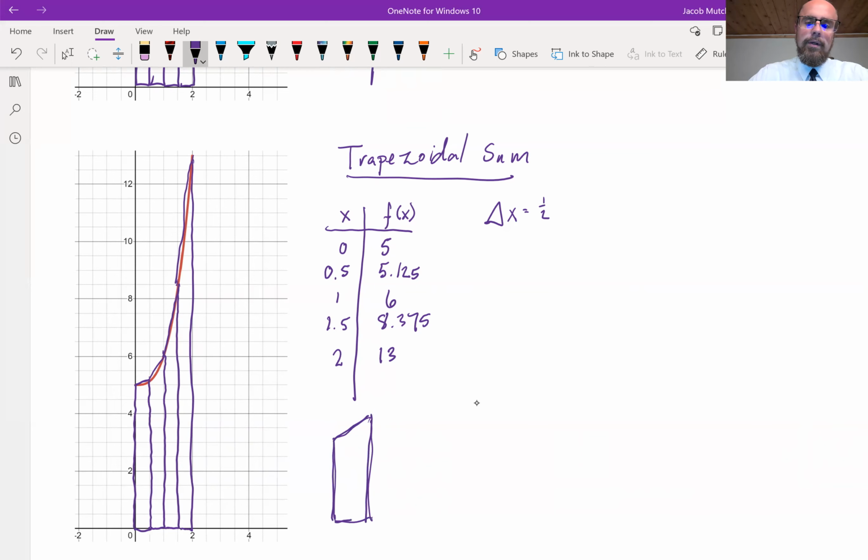So remember, the way we calculate the area, it's really an average of the heights. We call these base 1 and base 2. They're parallel to each other. And the area is going to be half their sum. So it's the average of the two bases times what we'll call the width, delta x.